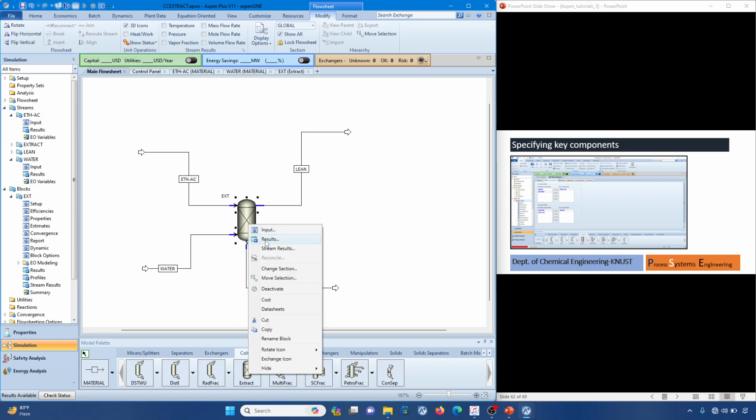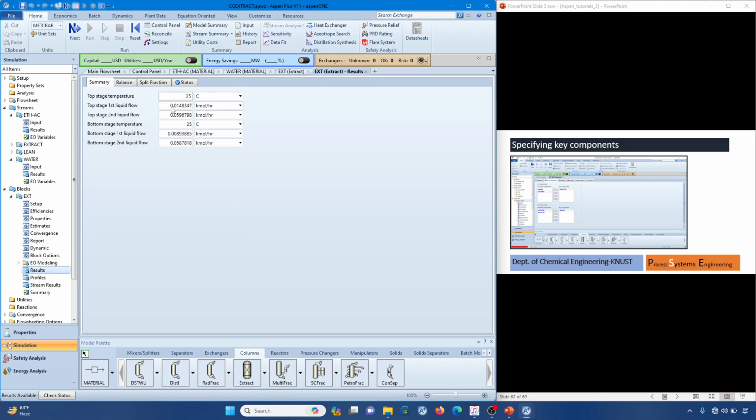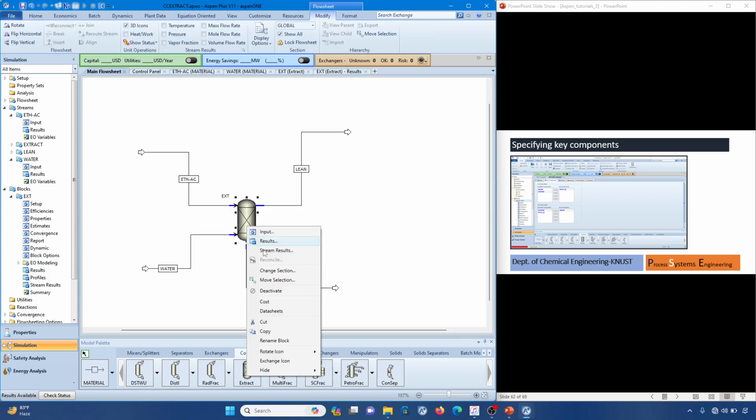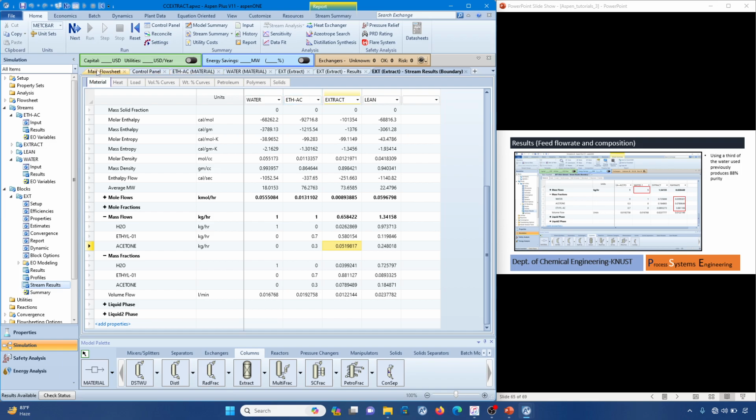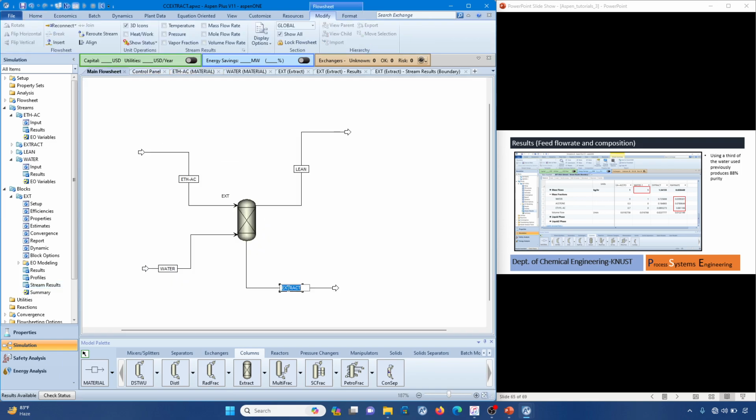Now that we have results, we can go and see. So maybe I should rename these streams. This should be the raffinate, where we expect the ethyl acetate.